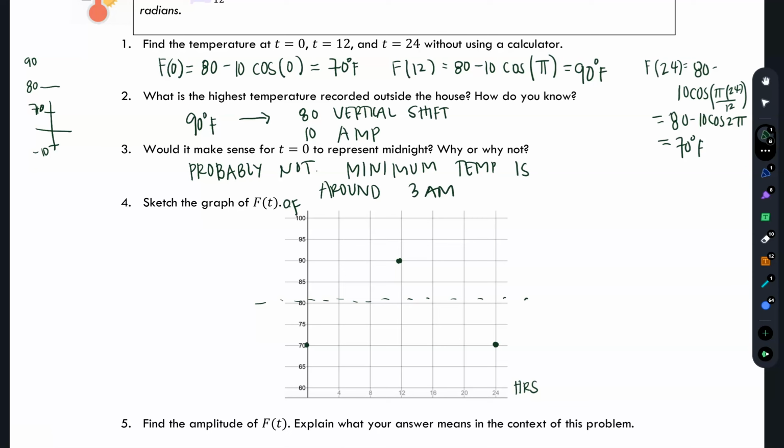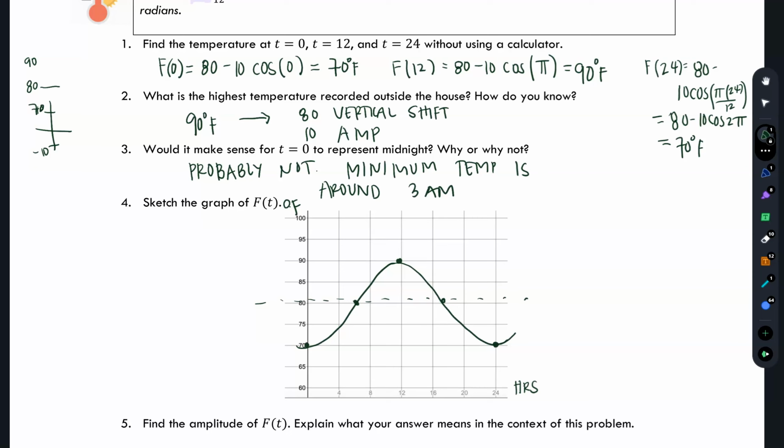So probably about right here, roughly about right there. So remember periodic, so this is going to keep going through my next 24-hour period.